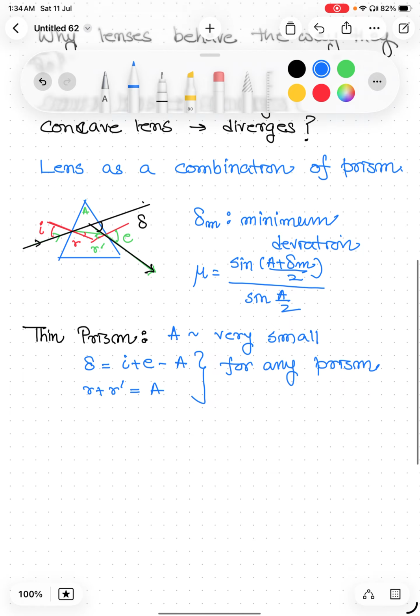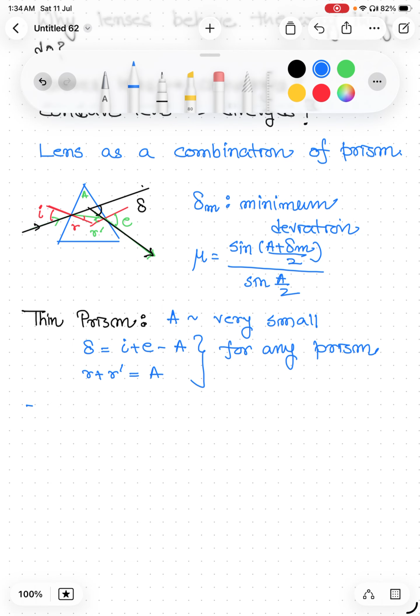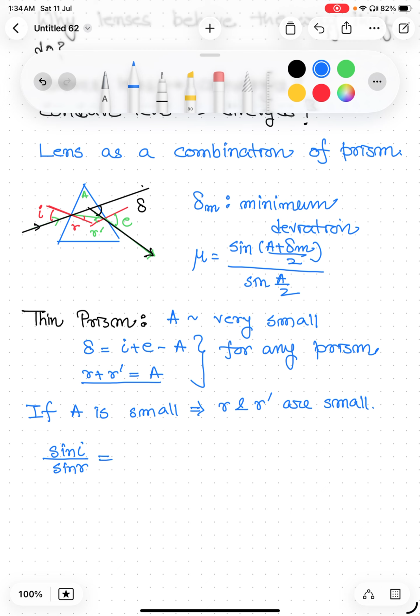Now if A is small, both R and R dash are small. Again, sin I by sin R equals mu, which equals sin E by sin R dash.